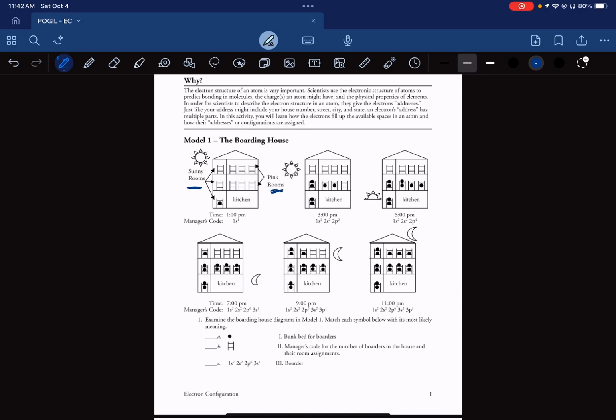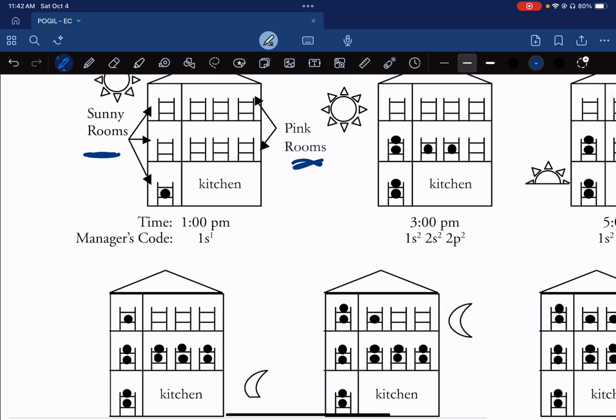Each time the manager of this boarding house accepts another boarder, a person who rented the bed, he has a code. On this first picture, he has a 1S1 code. That means first floor, sunny room, one person.